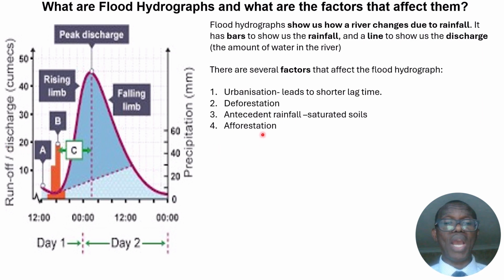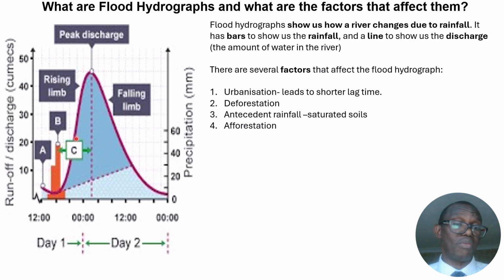Okay, and then we have what is referred to as antecedent rainfall, and that is referring to rainfall events that have taken place previously to this particular rainfall event. So if you had a lot of rain prior to this particular rainfall event here, the ground is already likely to be saturated with water, and as a result of that, this new water that is coming through this new rainfall event is likely not to be able to infiltrate the ground as quickly.